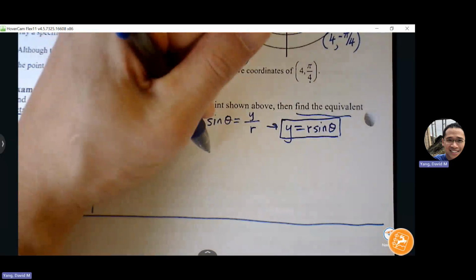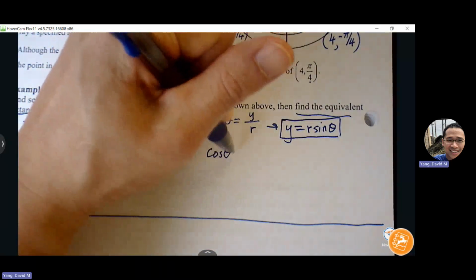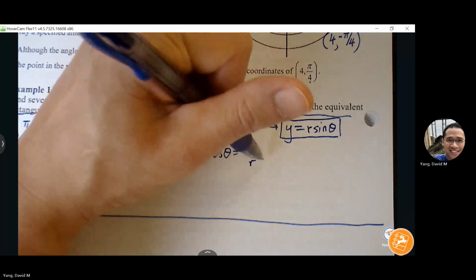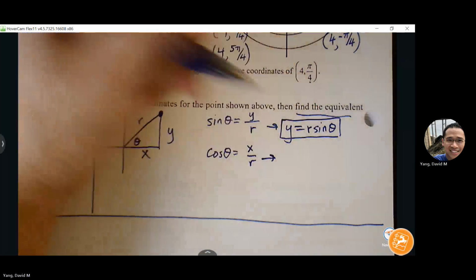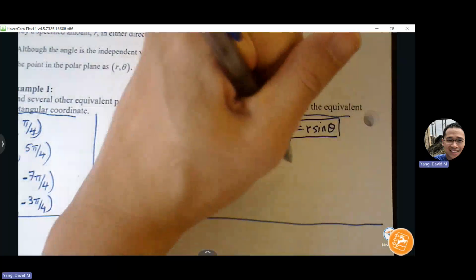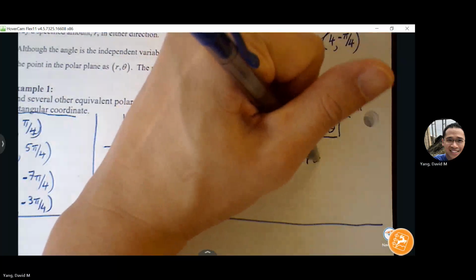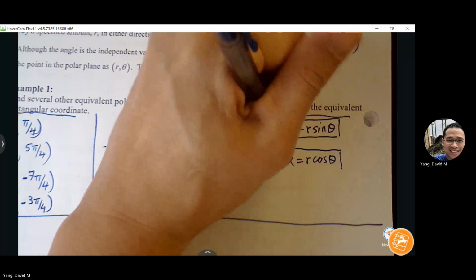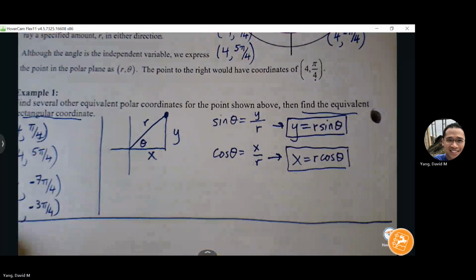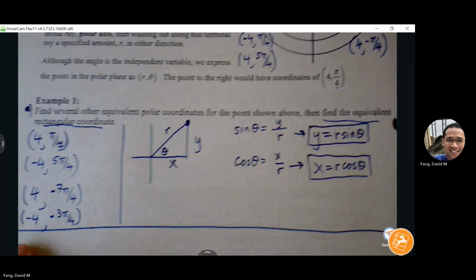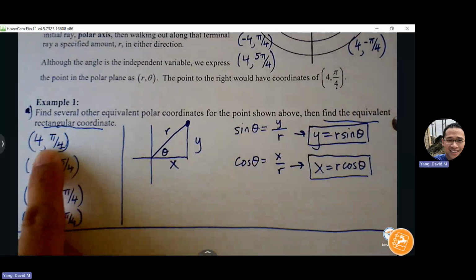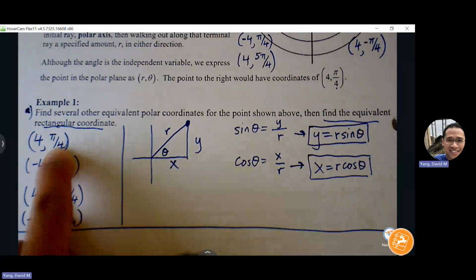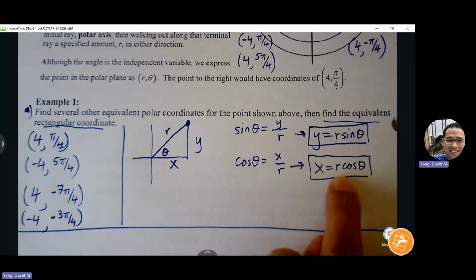Okay, likewise, what's cosine of theta equal to? x over r. If I want to solve for x, x equals r cosine theta. So if my radius is 4 and my theta is pi over 4, let's solve for x and let's solve for y.